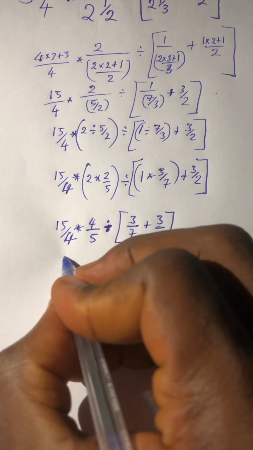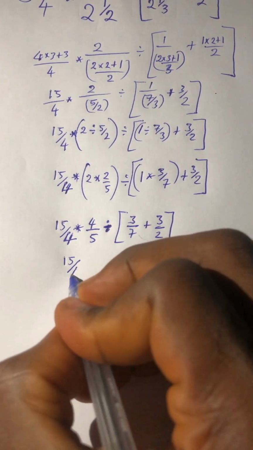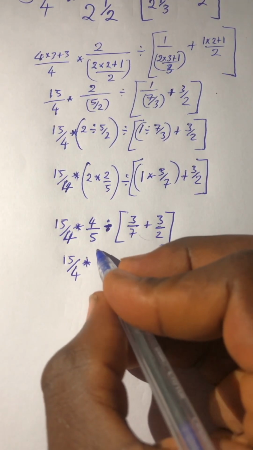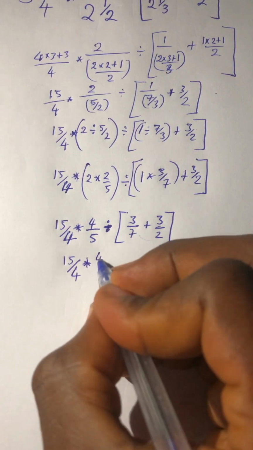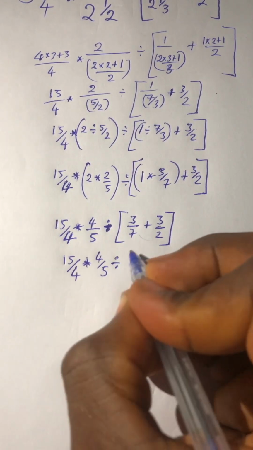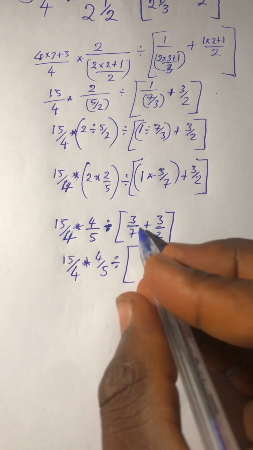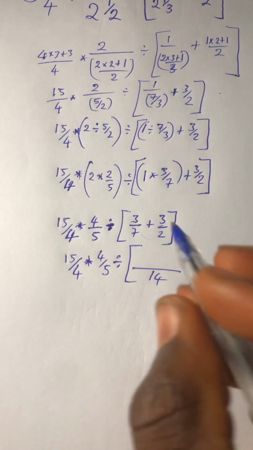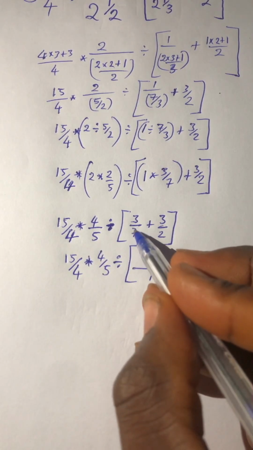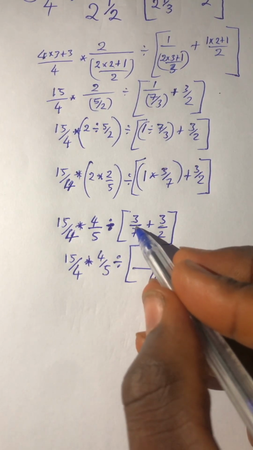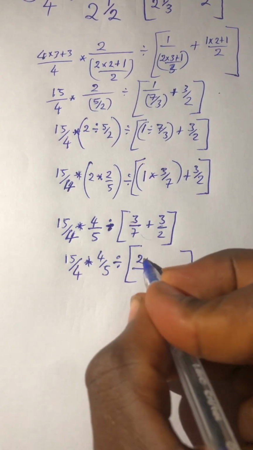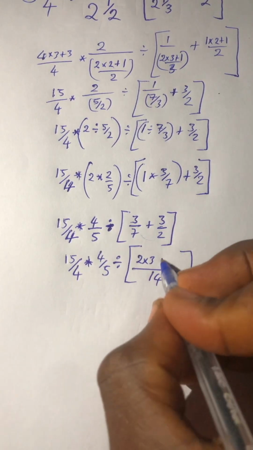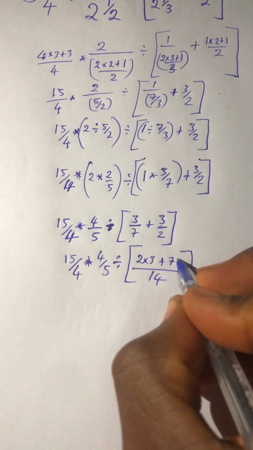So we can say 15 divided by 4 times 5 divided by, the common denominator is 14. 14 times 3 over 7 will be equal to what? 2 times 3. And 14 times this will be equal to 7 times 3.